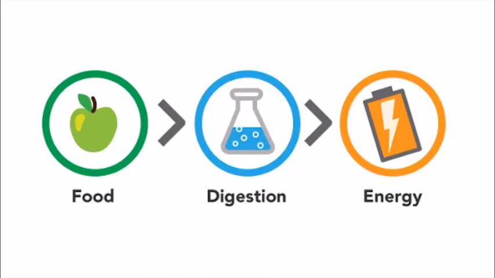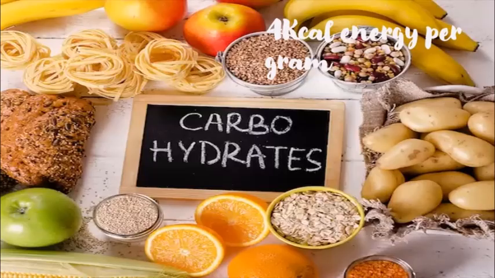Now can you all tell what type of nutrients we get from the food? We get different nutrients like carbohydrates, protein, fats, vitamins, minerals from the food that we eat. Let us first study carbohydrates. This is the first source of energy, and we obtain carbohydrates from foods like potatoes, fruits, wheat, rice, etc. From carbohydrates, we get 4 kilocalories of energy per gram.